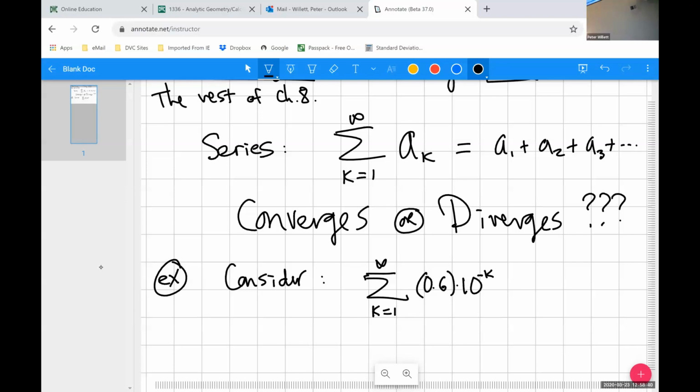Okay, so what does this look like? When k is 1, we have 0.6 times 1/10. Actually, I'll just make that a 6. I apologize, a short adjustment here. Let's just make this a 6 because it looks simpler and comes out a little nicer.